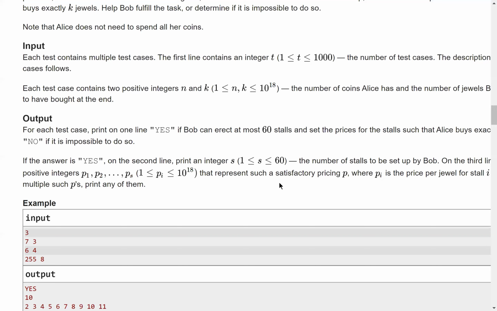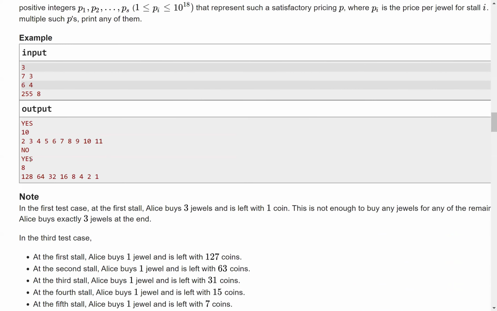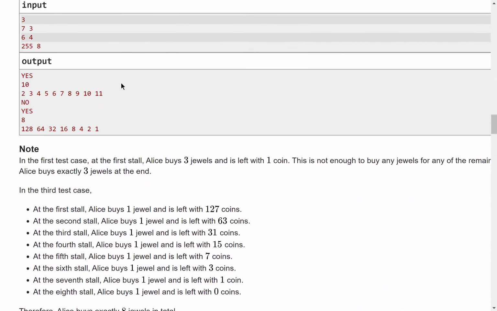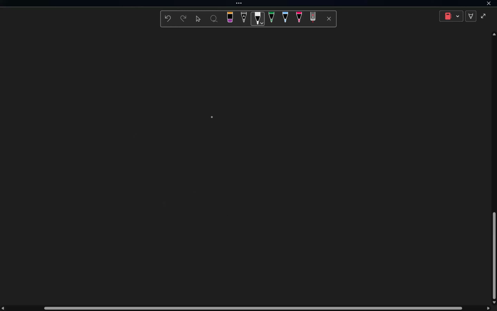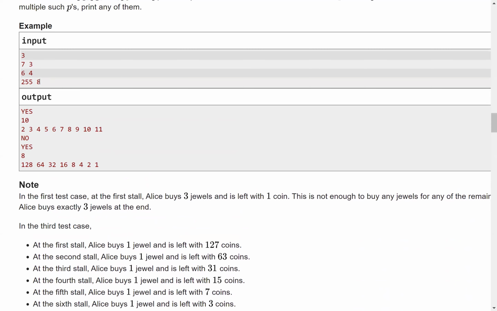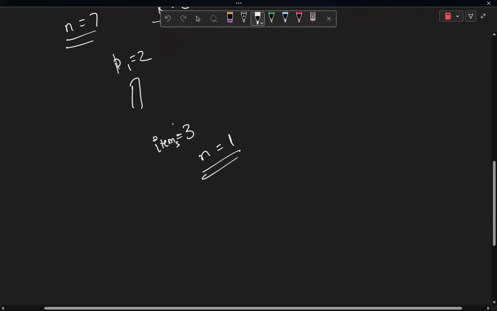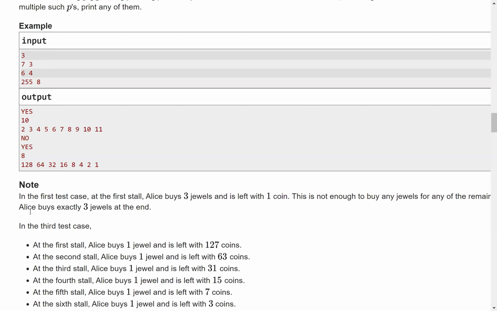They have given one very weird way. Obviously, they cannot just give the solution directly. So they have given a very weird solution here. And similarly, there is another test case having 255 coins where she wants to buy 8 items. So they have given something like 128, 64, 32, 16.